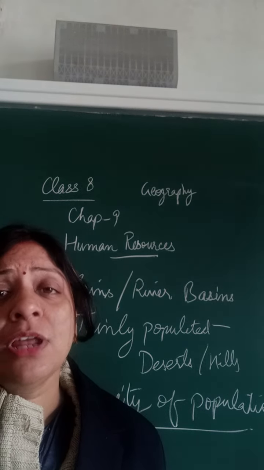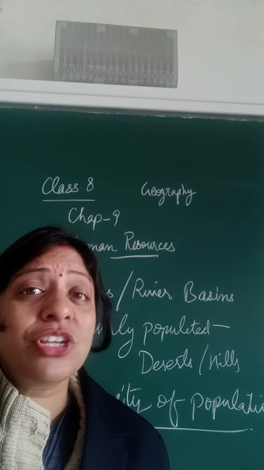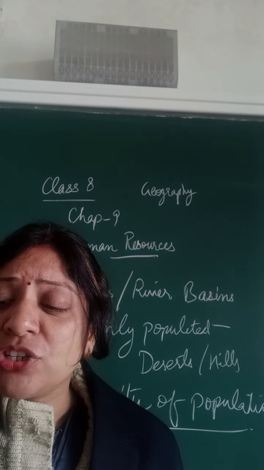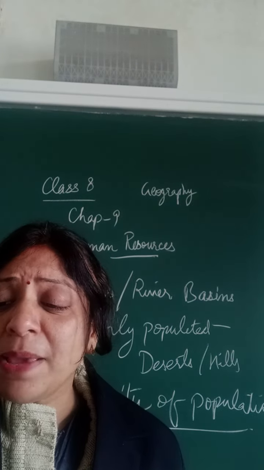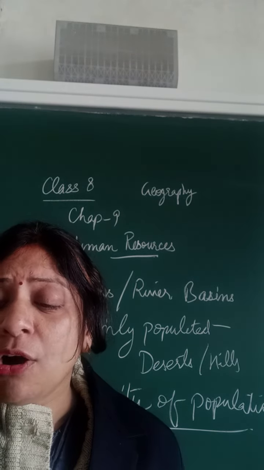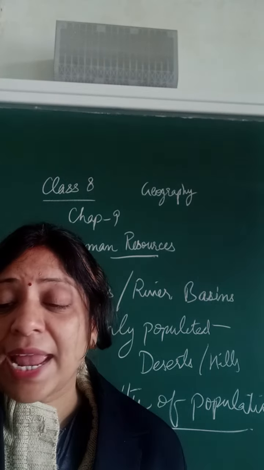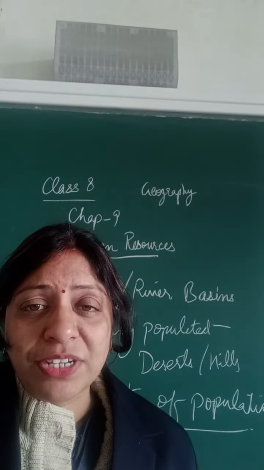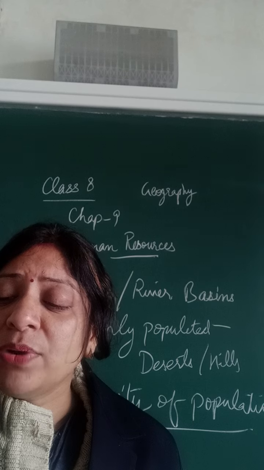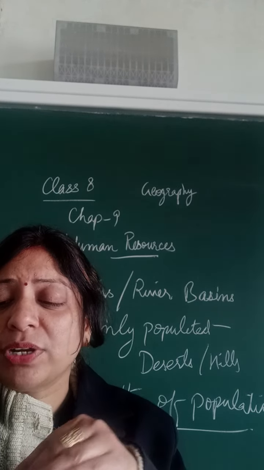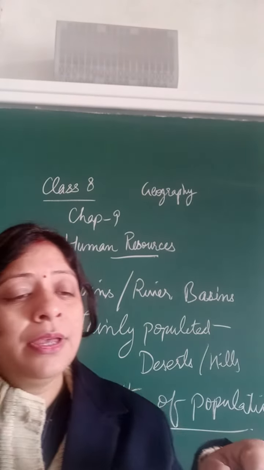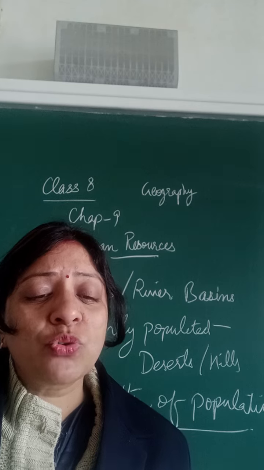The more the population, the higher the population density; the less the population, the lower the population density. The density of population is usually expressed as the number of persons per square kilometer of land. The average density of population in India was 382 persons per square kilometer in 2011. This means that if all the people in India were spread out uniformly over its total land area, there would be around 382 people in every square kilometer of land.